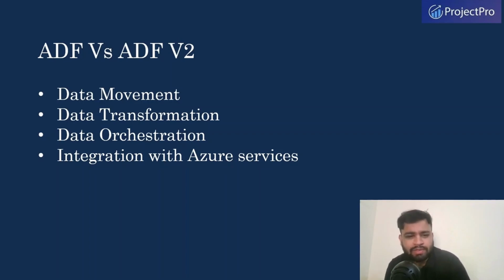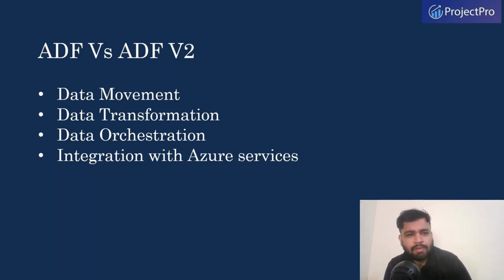So to conclude this topic, Azure Data Factory and its evolution into Azure Data Factory version 2 have revolutionized the way we handle data integration as well as orchestration in the cloud. ADF version 2 offers improved scalability, enhanced data flows, as well as built-in debugging and more, which makes it a very powerful tool for managing complex data workflows.